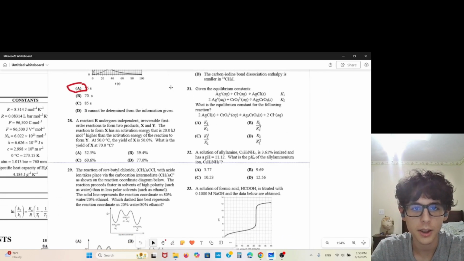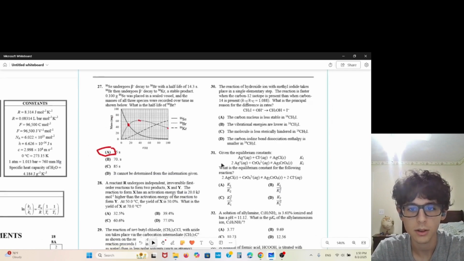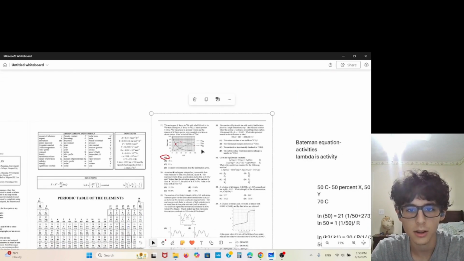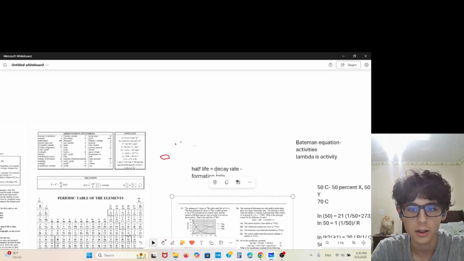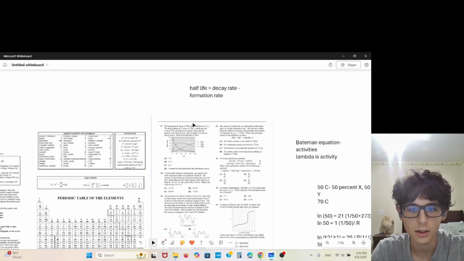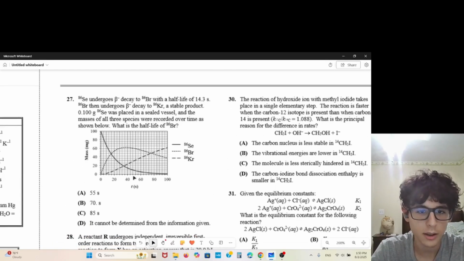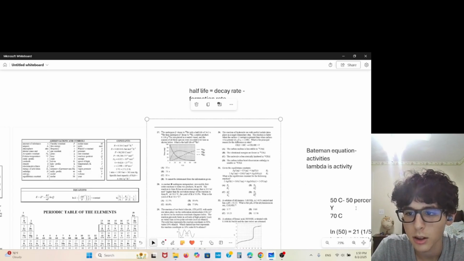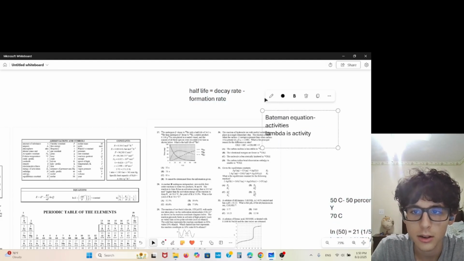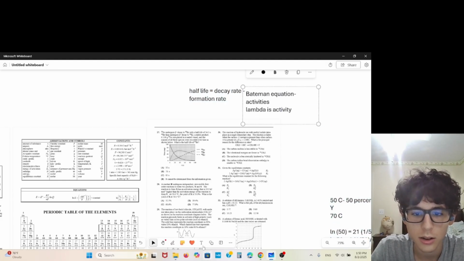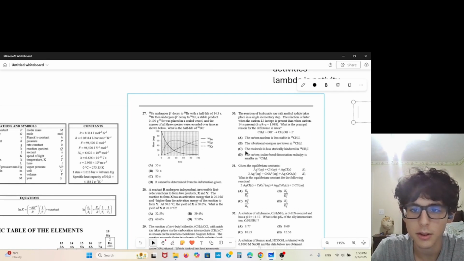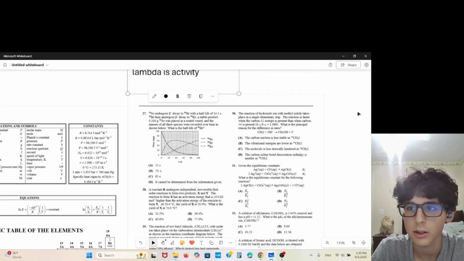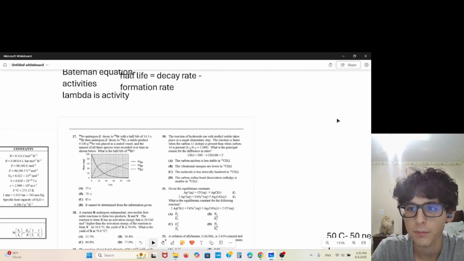So what is the decay rate of Br? Take a look, right? You have here 60 milligrams.